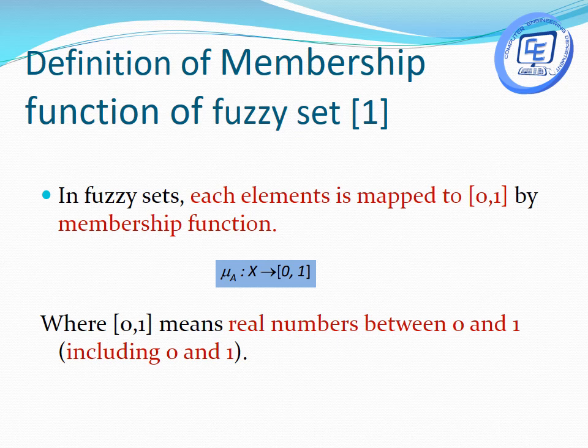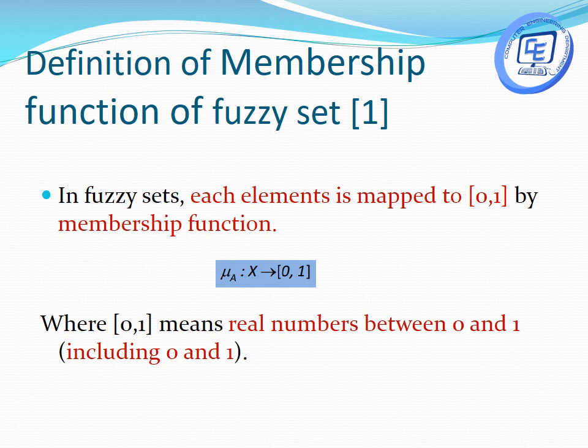So, see the equation given here, mu of A. Mu of A is nothing but the membership function of A. Generally, the membership function is denoted by the symbol mu. Here x is nothing but the element, and x maps to [0, 1], so the value lies between 0 and 1, including 0 and 1.